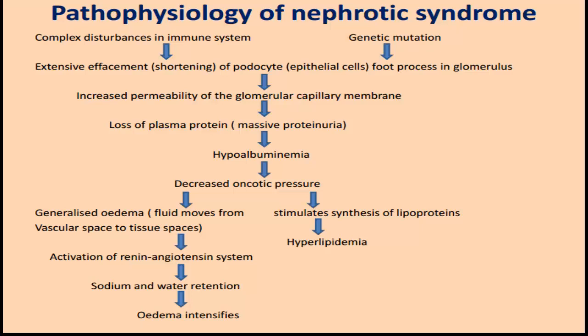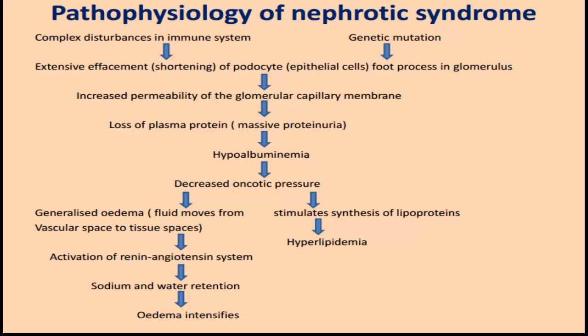Pathophysiology explains the clinical and biochemical features of nephrotic syndrome. Some complex disturbances in immune system and genetic mutation lead to extensive effacement or shortening of podocyte, that is epithelial cell foot processes in the glomerulus, and increased permeability of the glomerular capillary membrane.